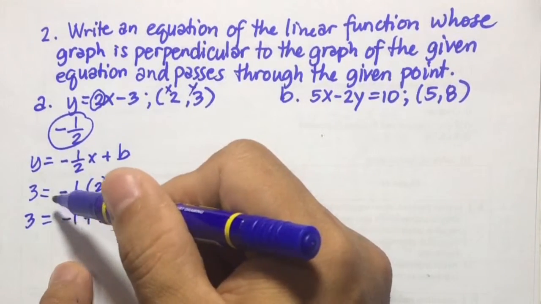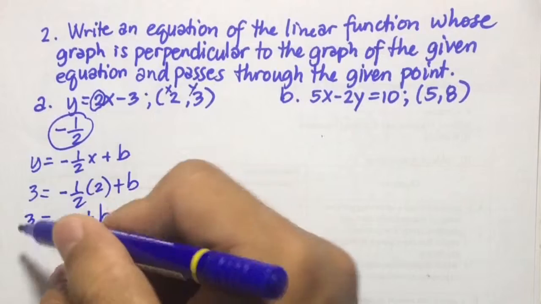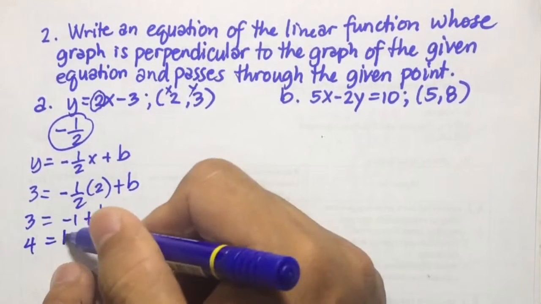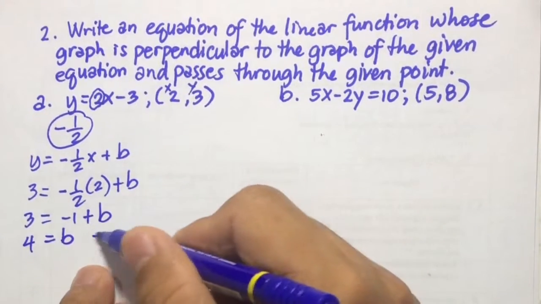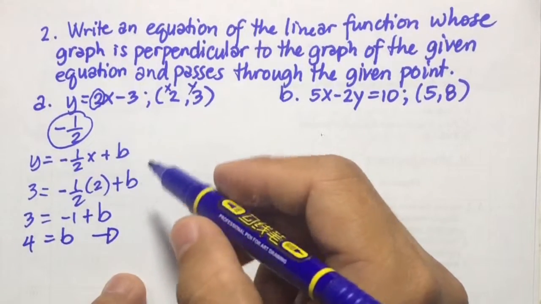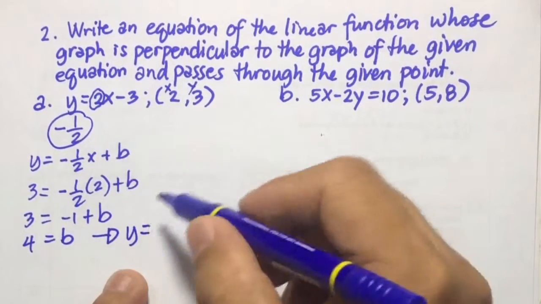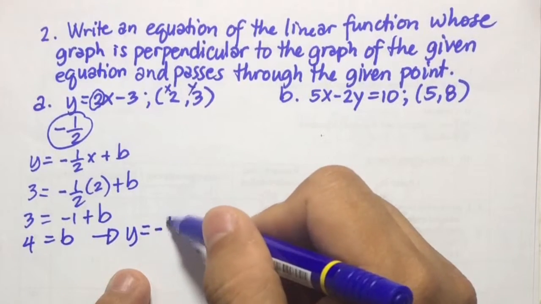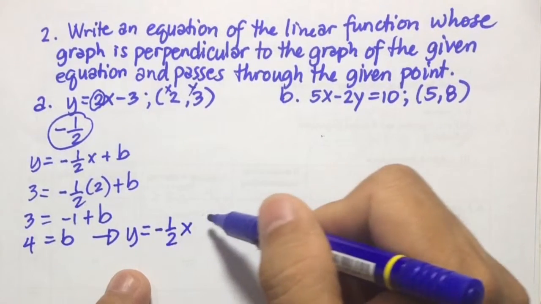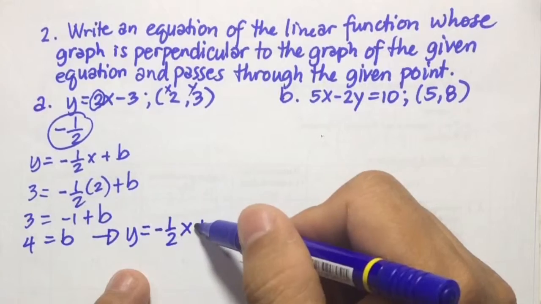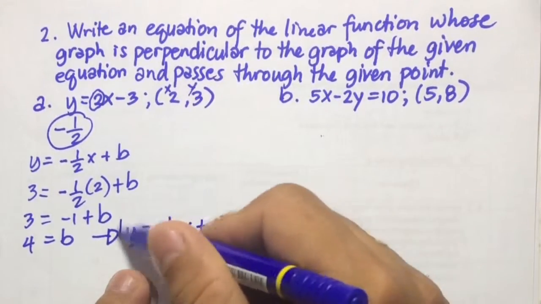Then transposing negative 1 to the left side, we're going to have 3 plus 1. So b is equal to 4. So the required equation will be y equals negative 1/2 x plus 4.